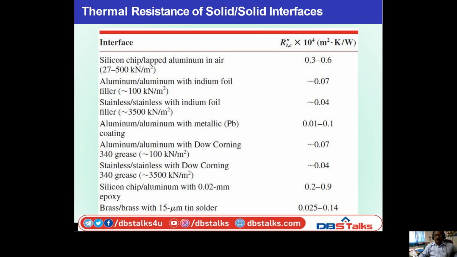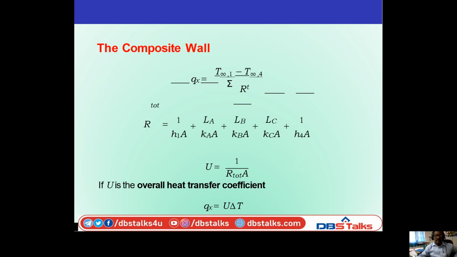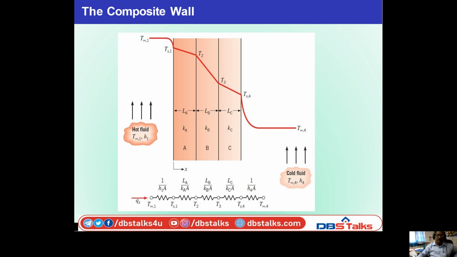So using the electrical analogy or thermal resistance concepts, we can find the heat transfer in a composite wall. A composite wall is a combination of more than one layer; it may be two, three or any number.